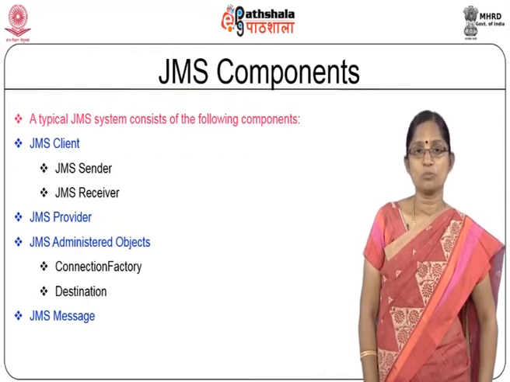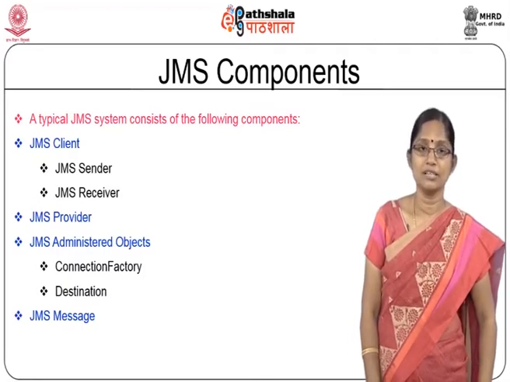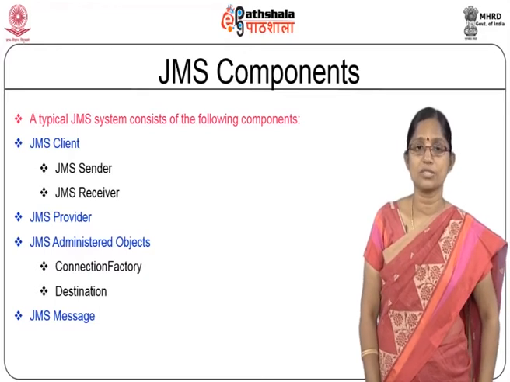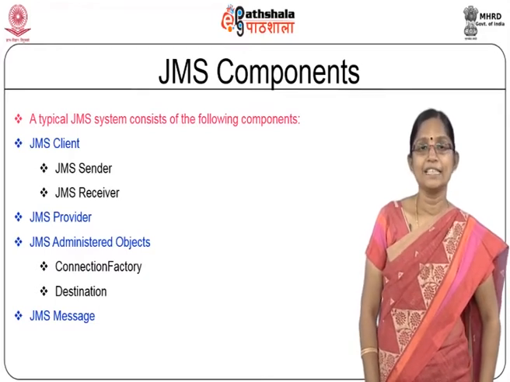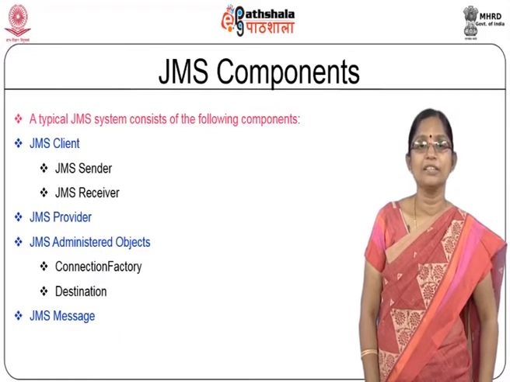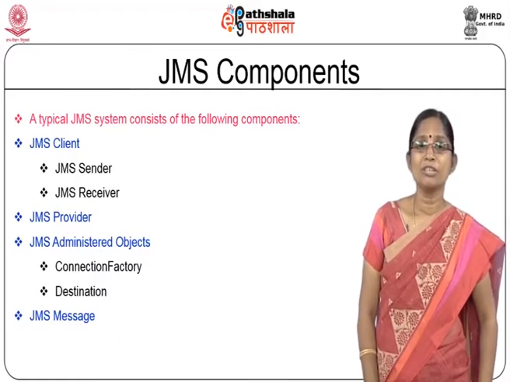The provider is responsible for sending these messages. Then JMS administered objects are there. Under administered objects, two things are available: the connection factory and the destination. The destination is the place where the messages get stored. And finally, the JMS message. The message is the component where the information we want to communicate gets stored.